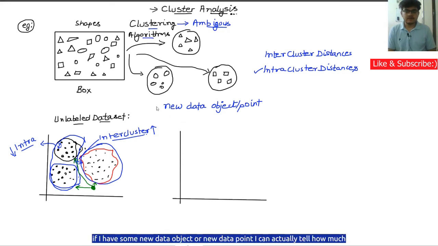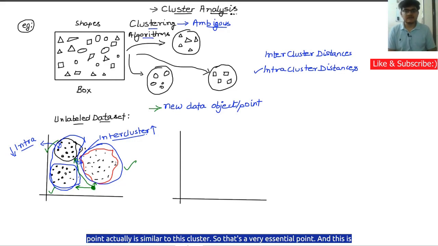So if I have some new data object or new data point, I can actually tell how similar it is with respect to this cluster, this cluster, and this cluster. This data point is so near to this cluster, so I can tell that this point is similar to this cluster.